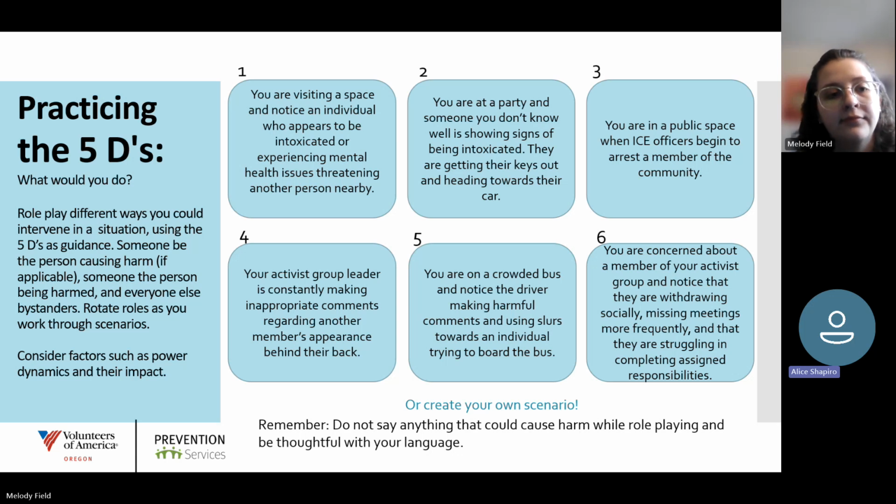So it's really tricky. I guess the safest thing is to say, excuse me, ICE person, do you have a warrant for this person's arrest? And I'm right here with my camera, documenting what's going on.